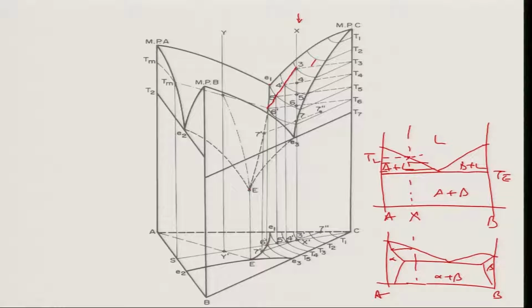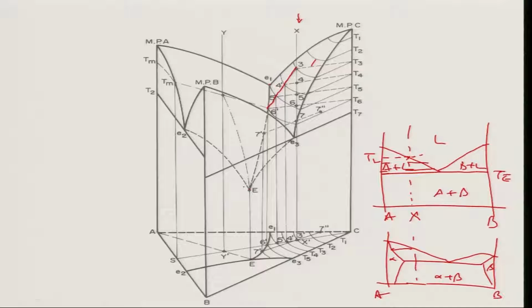Further on, as the temperature goes down, the liquid composition will follow 6 prime to 7 prime, precipitating more A, and finally it will arrive at E, where the A plus B plus C ternary eutectic will crystallize out. That is what is going to happen.